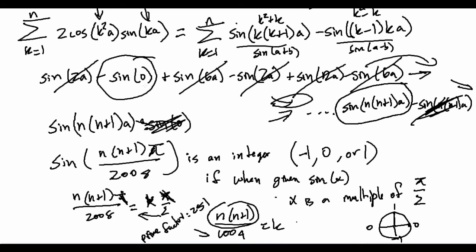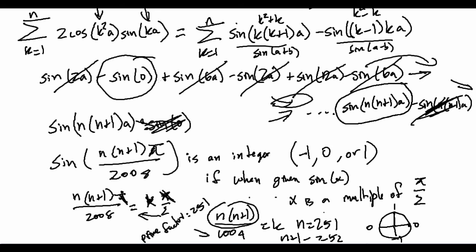So why don't we just try n equals 251, and n plus 1 is 252. 252 is divisible by 4, and 4 times 251 is indeed 1004.